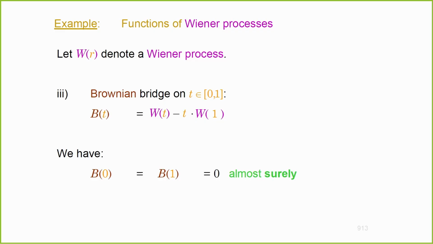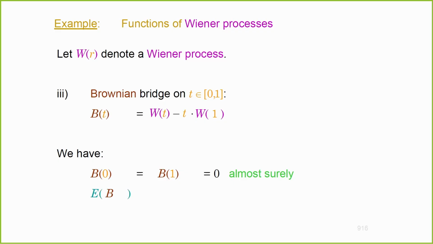So it starts at point 0 and it goes back to it almost surely, based on this expression. It's not difficult to see, because if you calculate the process at time point 1, you will find that this is the Wiener process at time point 1 minus 1 times the Wiener process at time point 1, which is 0 almost surely.